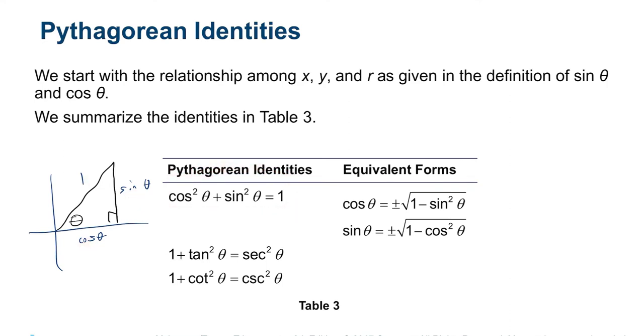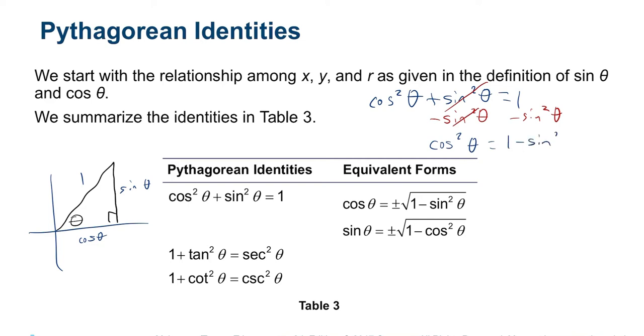All right, an equivalent form. If you're to solve for cosine, you would subtract sine squared from both sides. We can actually do that over here. And so when you solve for cosine, you're going to subtract sine squared from both sides, and then you'll get cosine squared equals 1 minus sine squared.